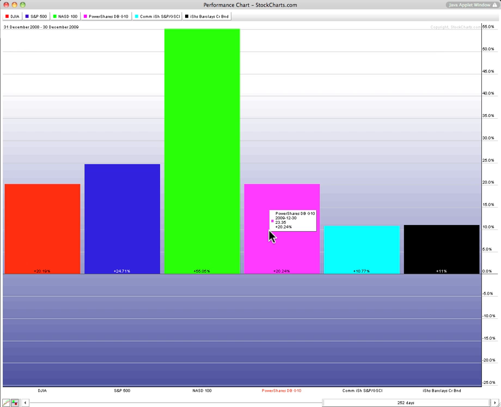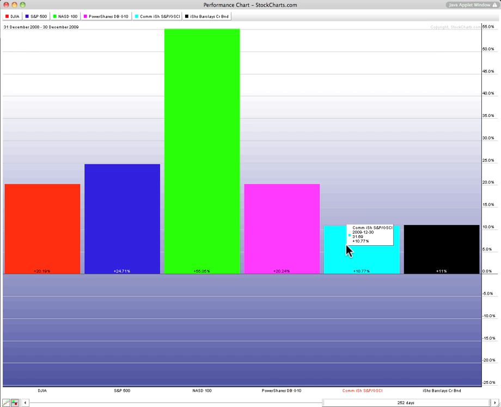For currencies, I'm using DBV, representing a basket of the G10 currencies, which includes the greenbacks, that being the US dollars, euros, Japanese yen, Canadian dollars or the loonie, the Swiss francs, the Swissy, the Great British pounds, Australian dollars, the New Zealand dollars, the Norwegian krona, as well as the Swedish krona.